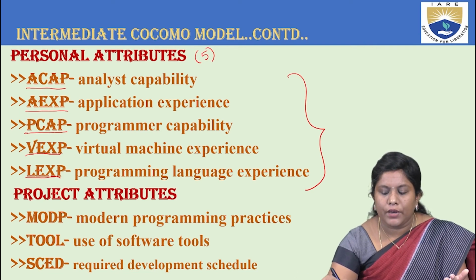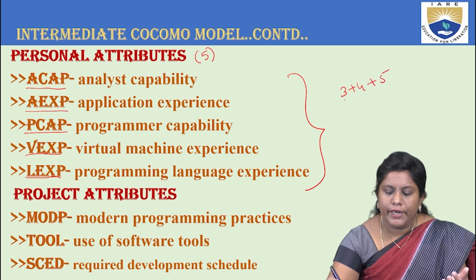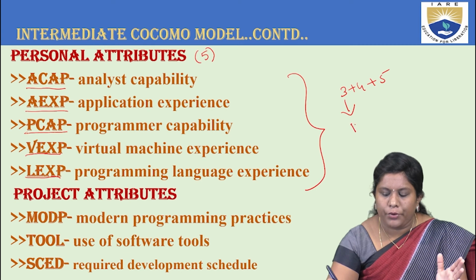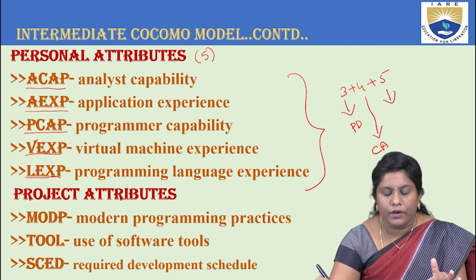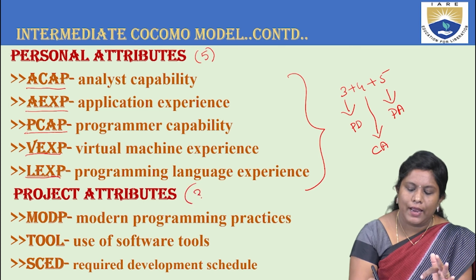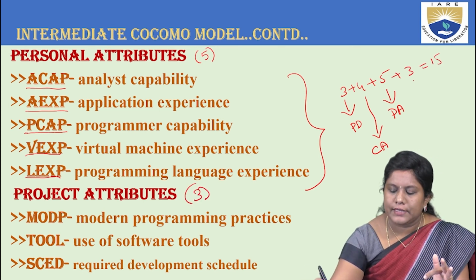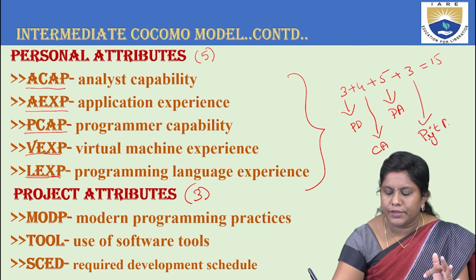Now we are done with 3 plus 4 plus 5, right? 3 was for the product attributes, 4 were for the computer attributes, and these 5 are for the personal attributes. And finally, we are left with the last 3, which makes up to 15. And this last one is the project attributes, right?